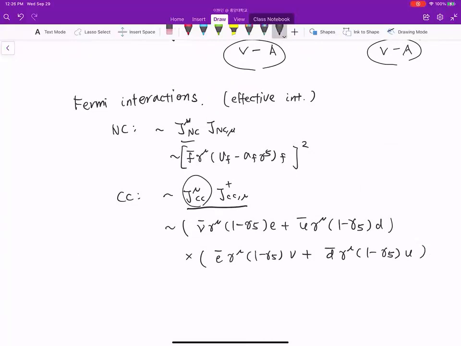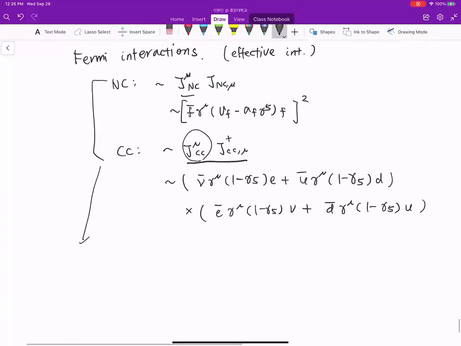So in both cases, we have a four-Fermi interaction of this form, with gamma matrices in this structure. At low energy, you get all the important interactions between leptons, between quarks, or between leptons and quarks.